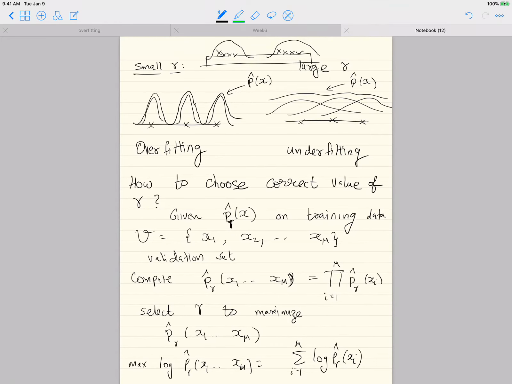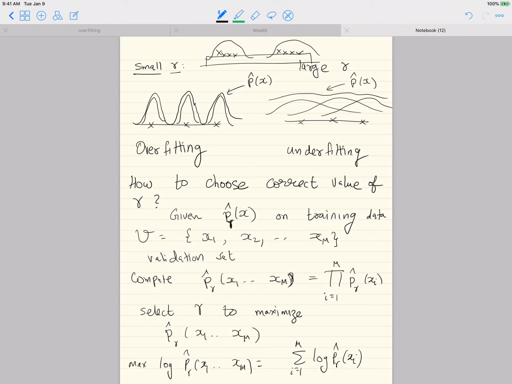How exactly do we select the parameter? You said we need to select it to maximize the likelihood, but how exactly do we test it? Well, you just vary R from a small value to a large value, and in each case plot this thing. R is a scalar here.